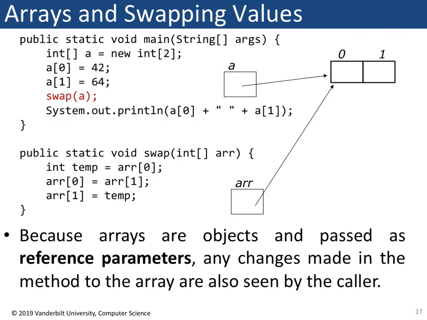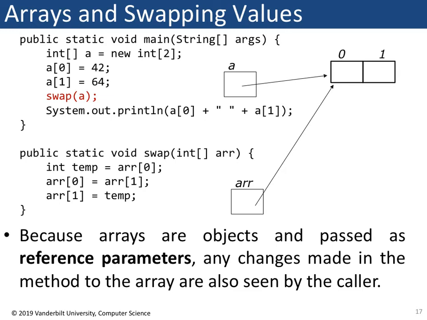So let's go back and illustrate and make sure we fully understand why the first version of our swap worked. We have our main, which has been the same in all the examples. We have declared an integer array called A, and we created a new integer array object of length 2 and stored the address of that object in A. Then we gave element 0 in A the value 42 and element 1 in A the value 64.